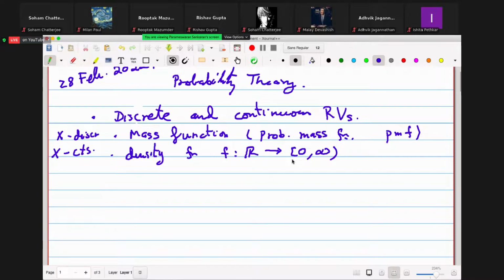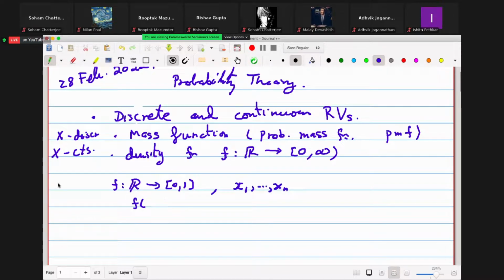In my last lecture, I might have written 0 to 1. That is wrong. It's actually going from 0 to infinity. Of course, if you are working with a mass function, you can say f is from real numbers to 0 to 1. Suppose x takes values only x1, x2, and so on.